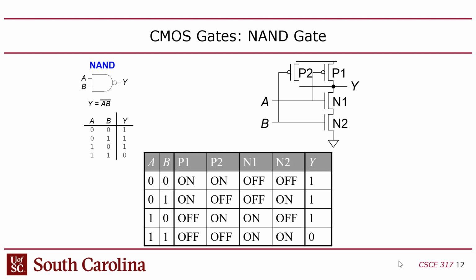With an OR gate, you can't build it with CMOS either, because in order to have a 0 output, you have to have at least a 1, 1, right? But with an OR gate, if you have a 1, it will never be 0.